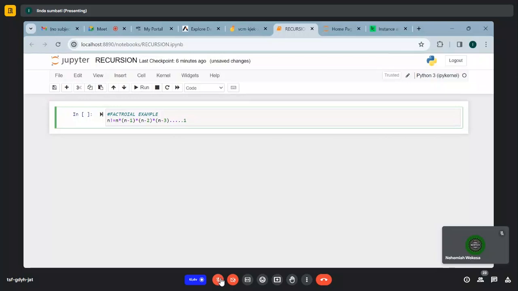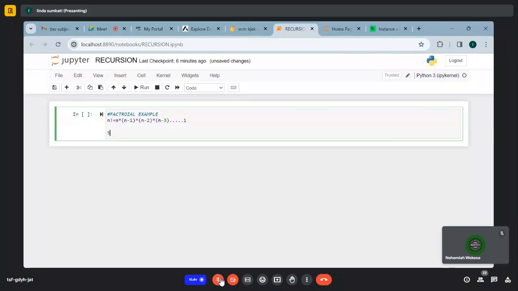Okay, so for example, let's say we want to do 5 factorial. That means it will do 5, which is n, then times, what will be the next one? It will be 5 minus 1, then 5 minus 2, 5 minus 3, 5 minus 4, then it ends at 1.